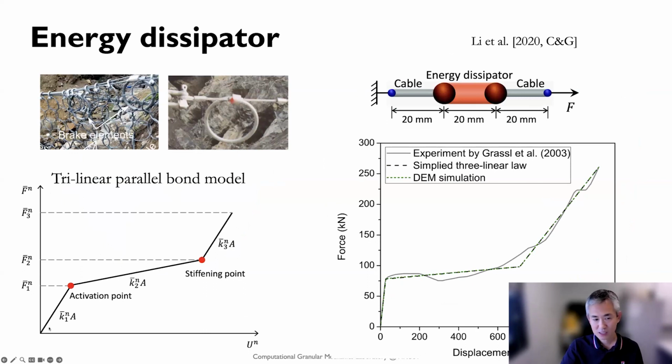For the energy dissipator, we consider a trilinear parallel bond model, which depends on different velocities, and we calibrate by experimental tests to fit the experimental observations for this energy dissipator model here.